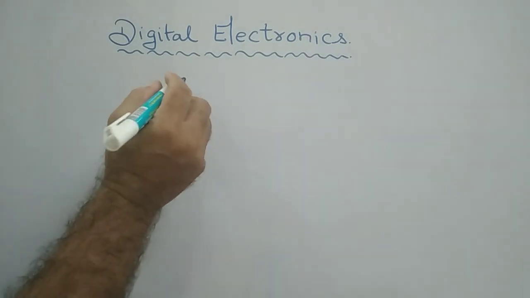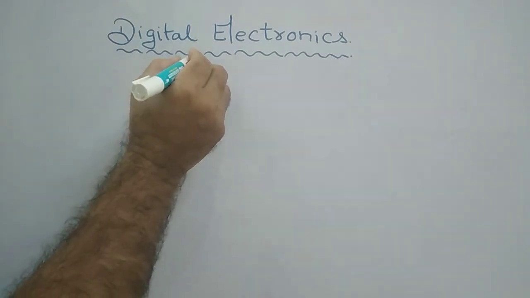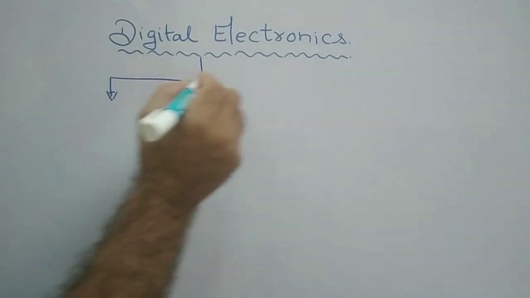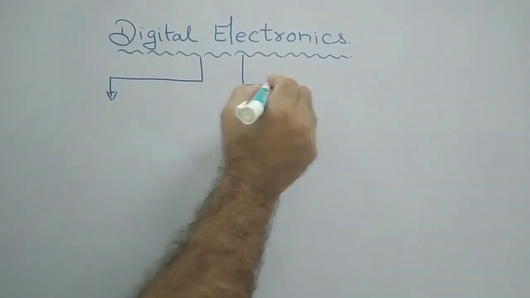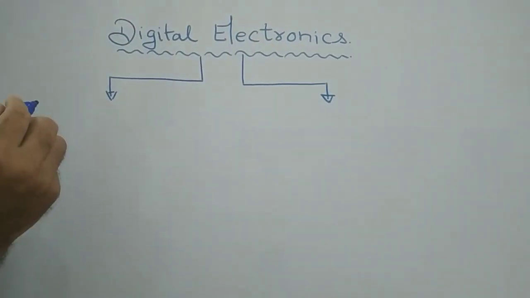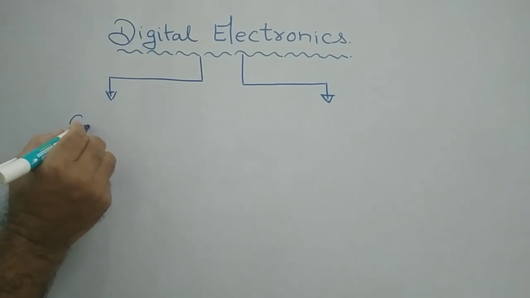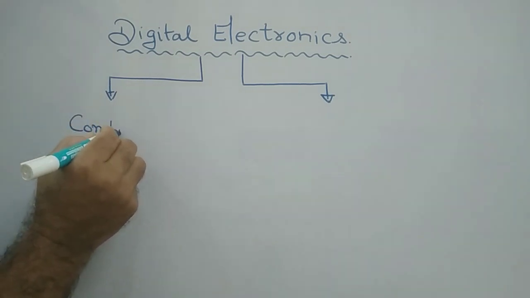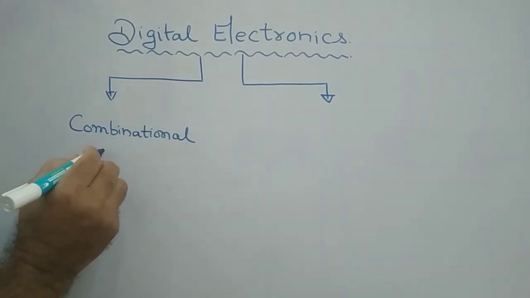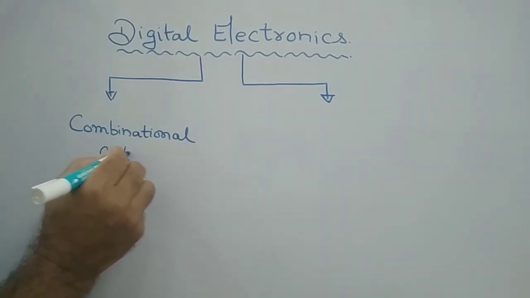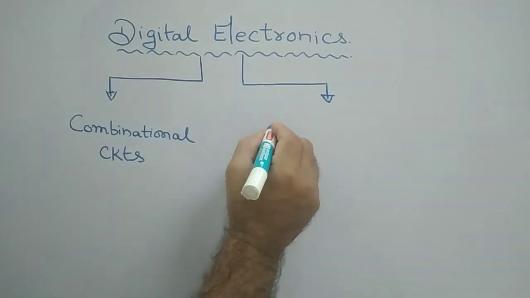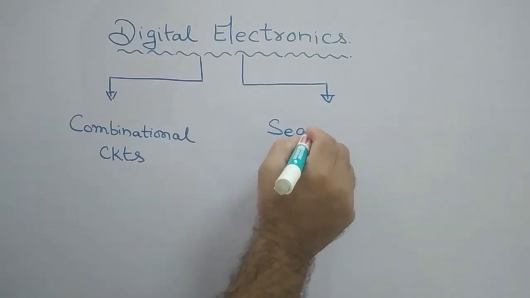Okay, so this digital electronics consists of two important categories actually. It can be divided broadly into two categories. The first one is combinational circuits, and the second part of it is sequential circuits, right?